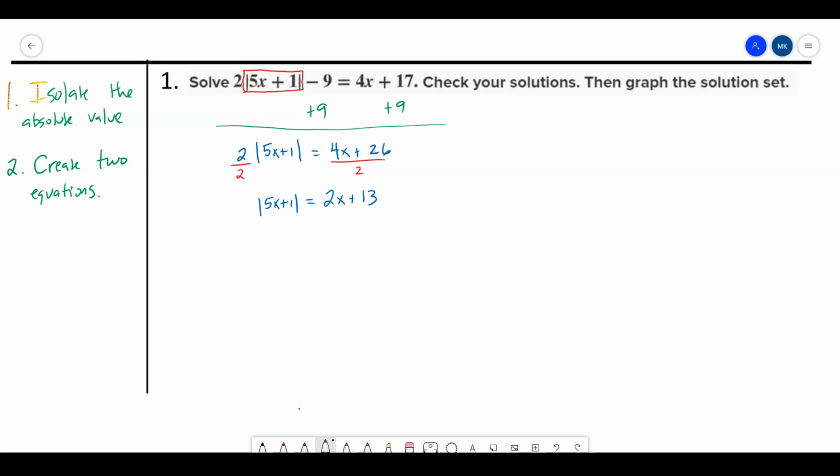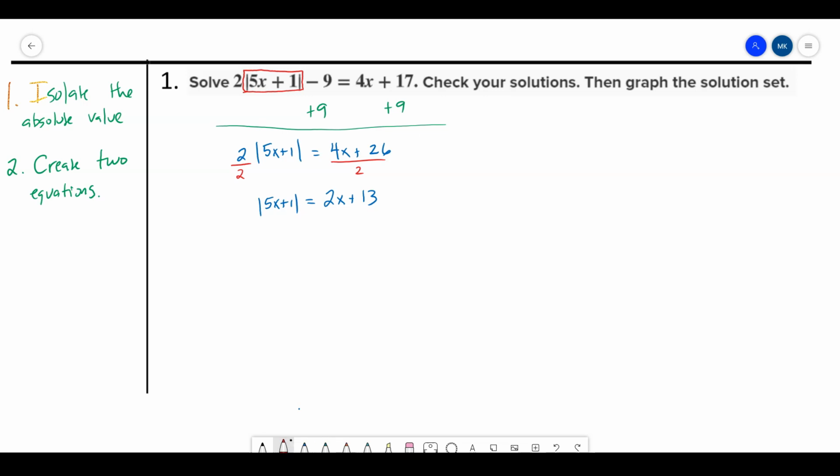And so if I'm looking at a certain distance from a point, and you think about the number line, there's going to be 2 different possibilities there, right? If I say, what's the absolute value of 5 or negative 5, they both have the same distance from 0, right? So in the same way, we're going to take this and create 2 equations.